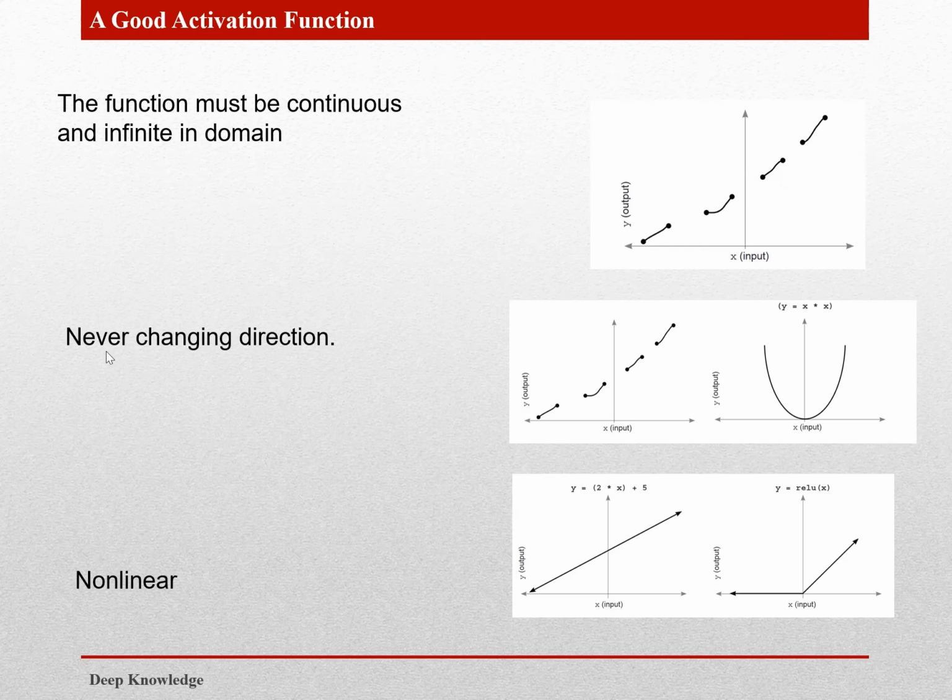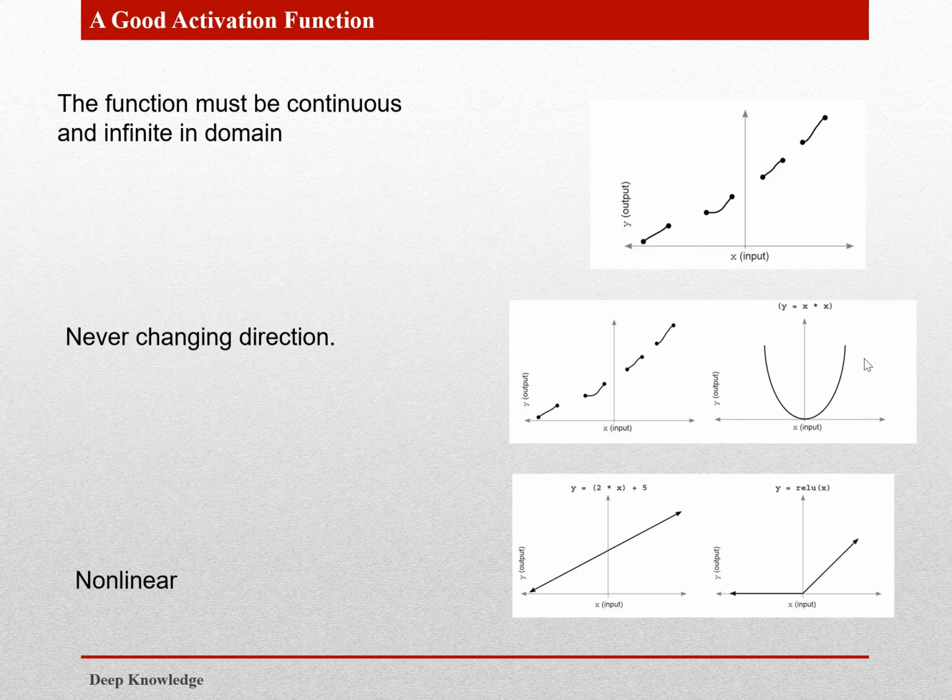The second one is that it never changes direction. For instance, you can see here we have x and y, and it is increasing: increasing x means increasing y. But if you see in this figure, it's decreasing x, decreasing y, and increasing x, increasing y.